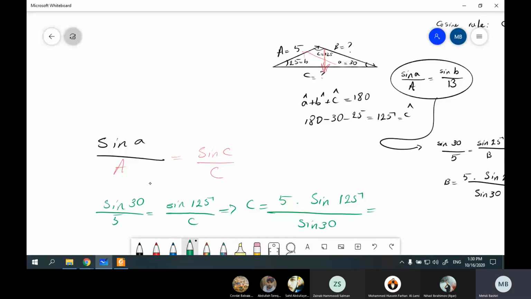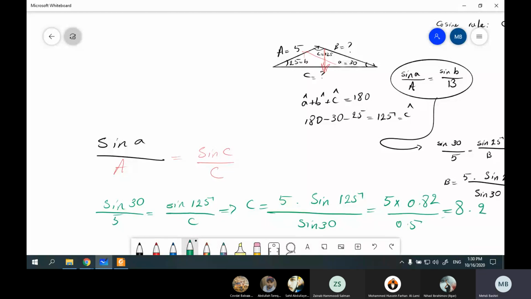It is equal to 5 dot 0.82 divided by 0.5, equal to 8.2.